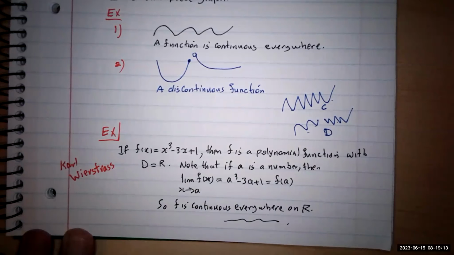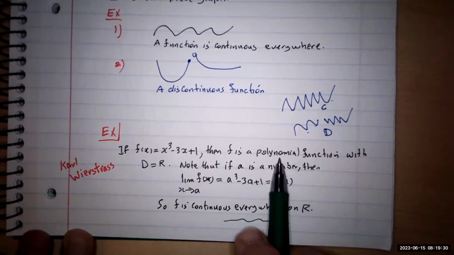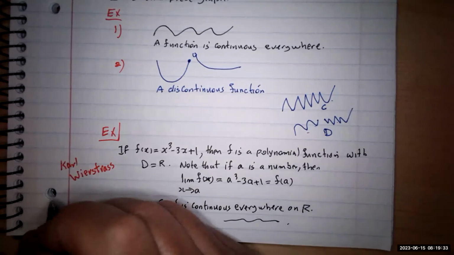He modified and extended the notion of the limits that we use today. And by that extension, he proved that every continuous function can be approximated by a polynomial.